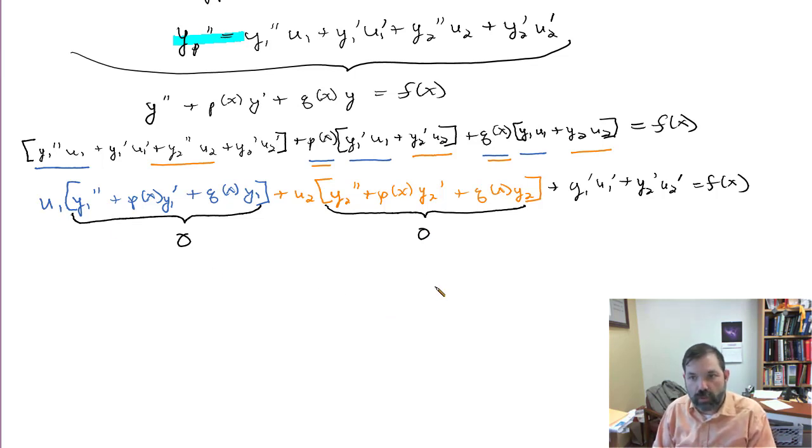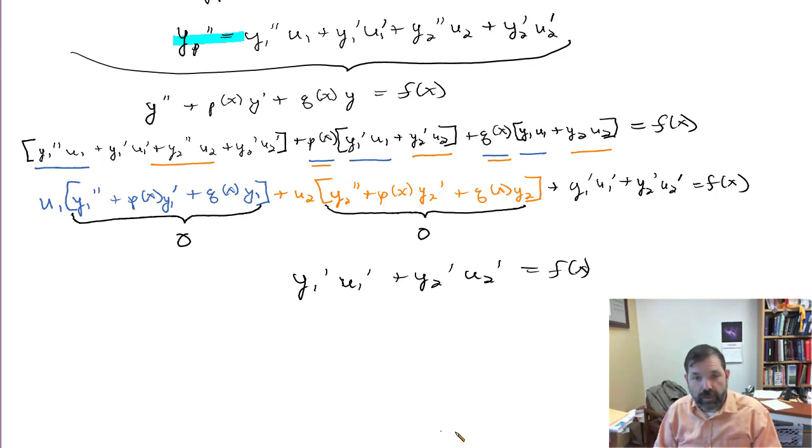So both of those terms go to 0, and I'm left with just y1 prime u1 prime plus y2 prime u2 prime equals f of x. And so now that creates the system of equations that we can use to solve this method.